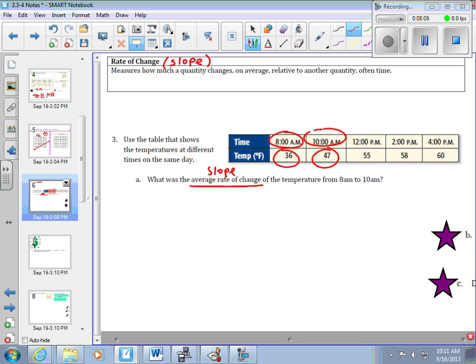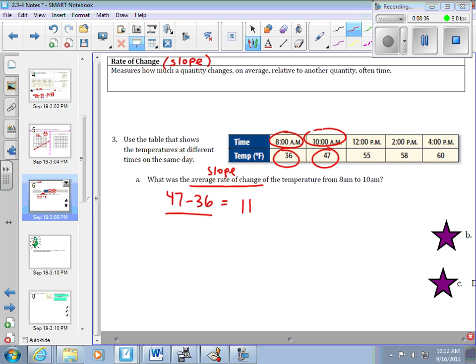Now, when you're doing that, if we subtract 47 degrees minus 36 degrees, that's going to leave us with 11 degrees. Now, that's how much it changed, but that's not the average rate of change. They want to know per hour, how many degrees were we changing on average. To figure that out, we need to divide this by the difference in time.